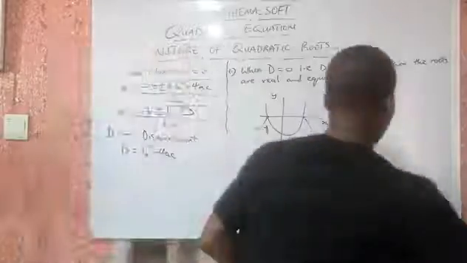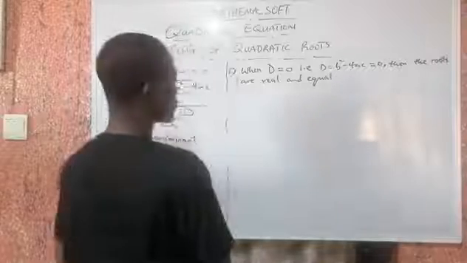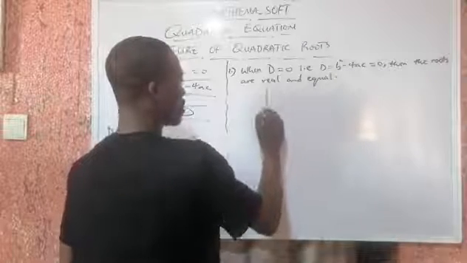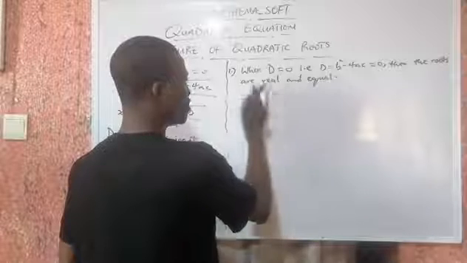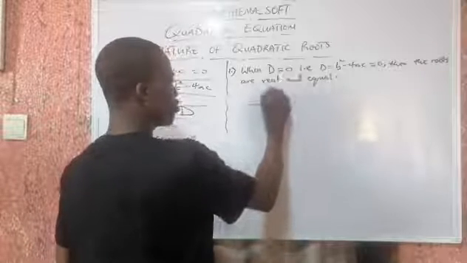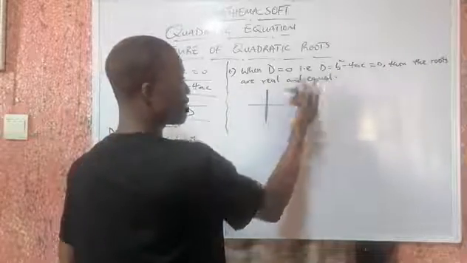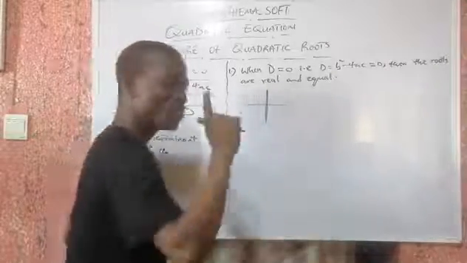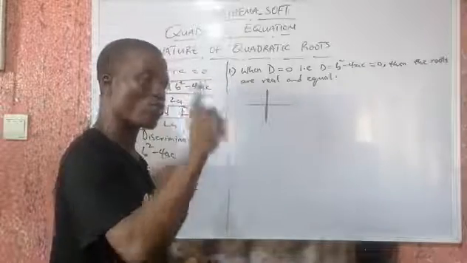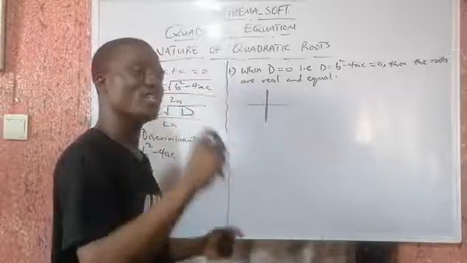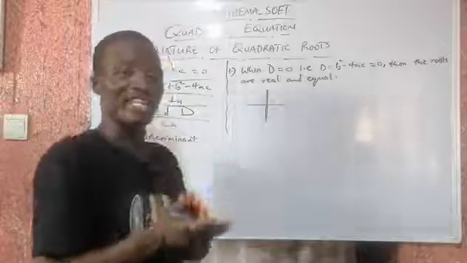So knowing that, now we can sketch what the curve of this quadratic equation will look like under this condition when d equals 0. Since we have equal roots, that is, we have two roots but they are equal. If they are 1, both of them will be 1. If they are 2, both of them will be 2. So we don't know if it falls on the negative or the positive.